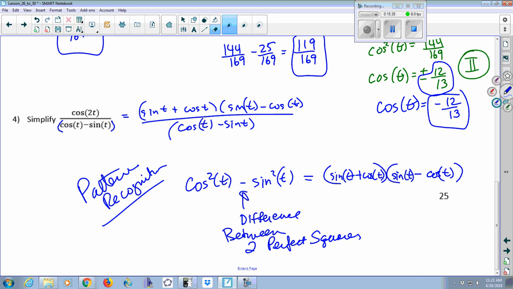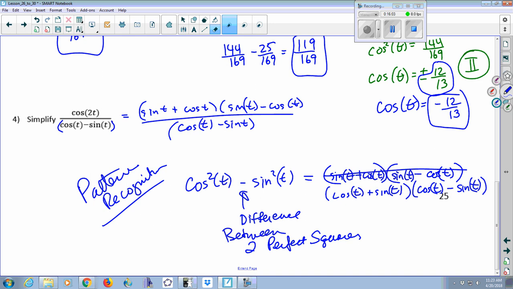Did I do that factoring right? What did I do wrong? Well, what's my first term here? This should be cosine and sine: cosine of t plus sine of t times cosine of t minus sine of t. There we go. Perseverance, stick with it.